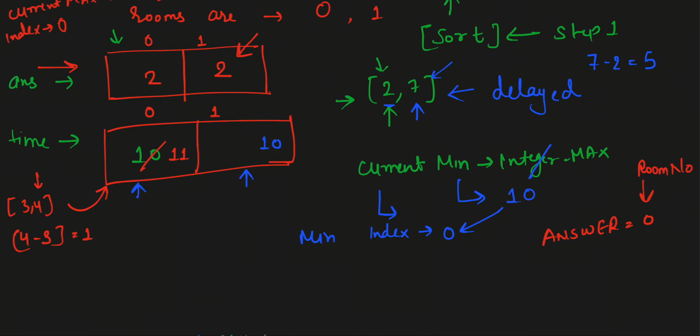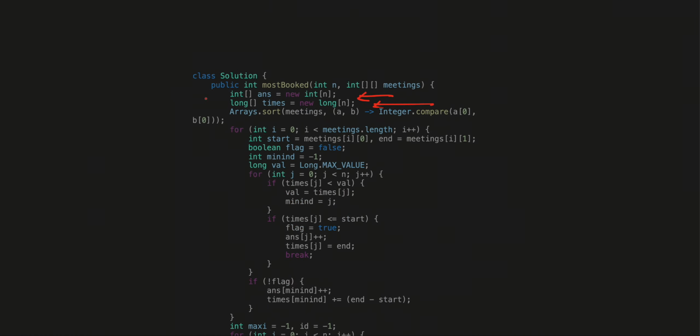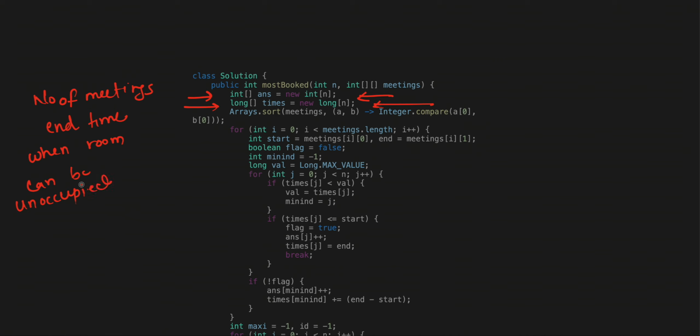Answer will be maintaining the number of meetings happened in a room, and times will store the end time when the room can be unoccupied.